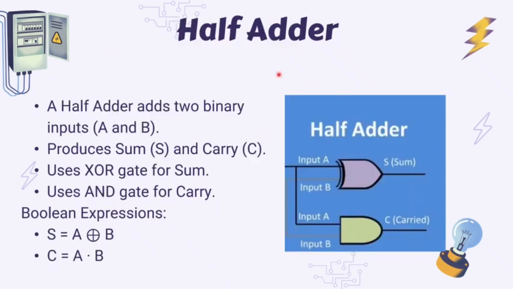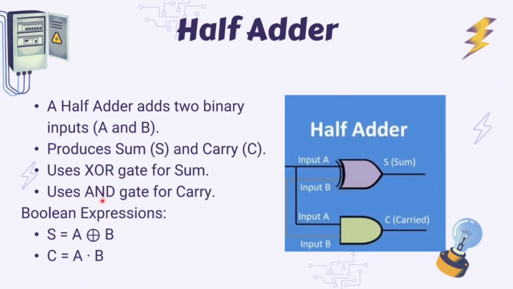We will be seeing the half adder. A half adder is a simple type of adder which uses two binary inputs, usually represented as A and B. It produces two outputs: sum, which represents the result of addition, and carry, which represents the overflow. The sum output is obtained using an XOR gate because XOR gives output 1 when inputs are different.